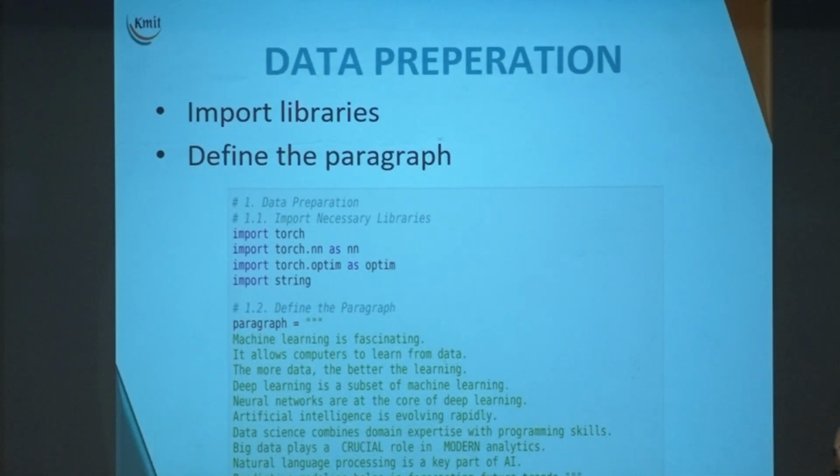Now, you define the paragraph, whatever corpus or text that you want to take for your pre-processing. There's this major paragraph, a big one that we have taken, which starts with machine learning is fascinating, it allows computer to learn from data, and so on, till predictive modeling helps in forecasting future trends.